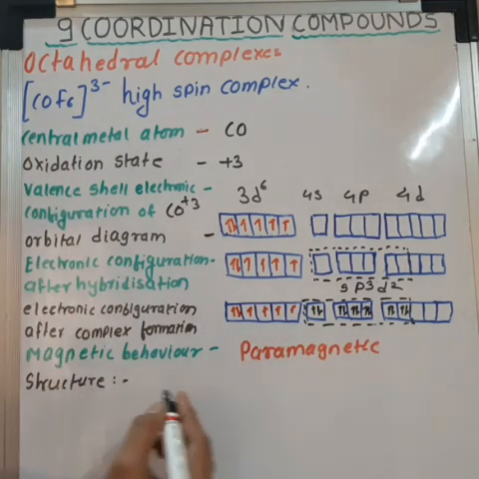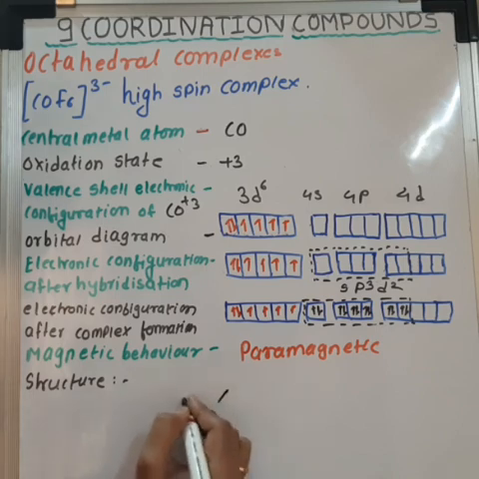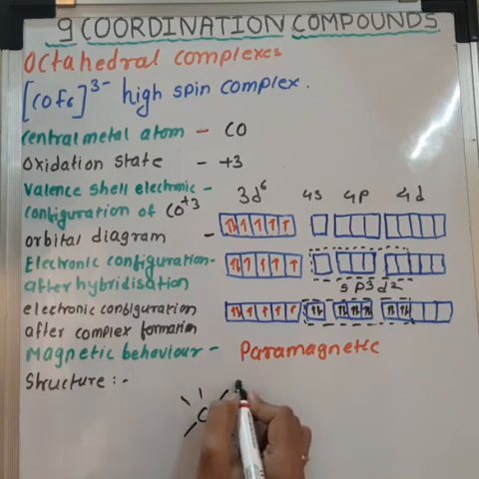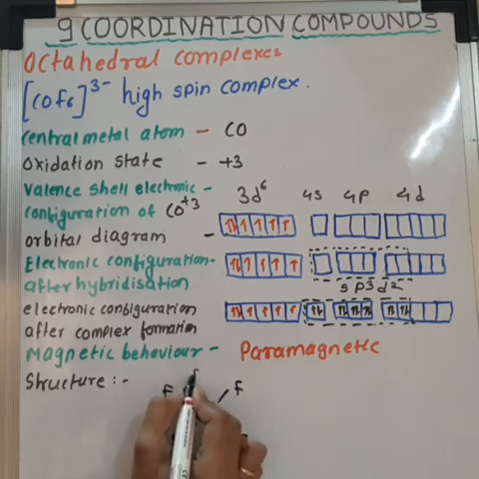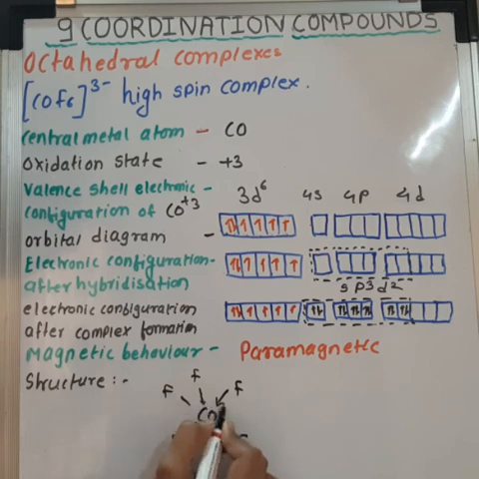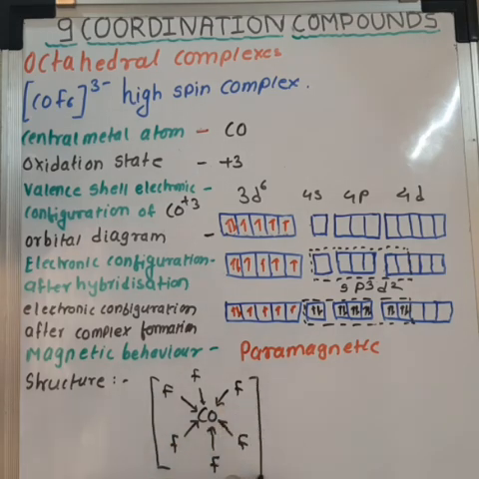The structure of the [CoF6]3- molecule will be: it has octahedral geometry. So the structure will be like this. So this is the structure of the [CoF6]3- molecule.